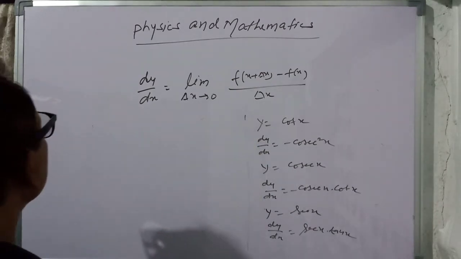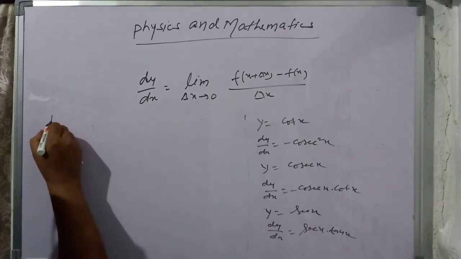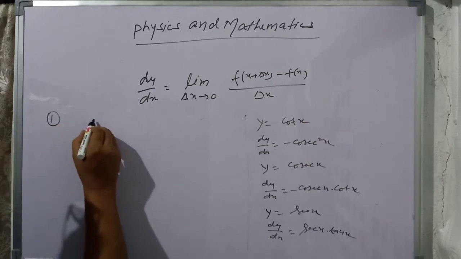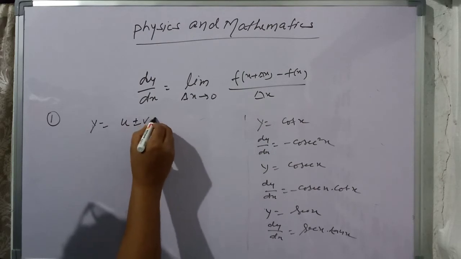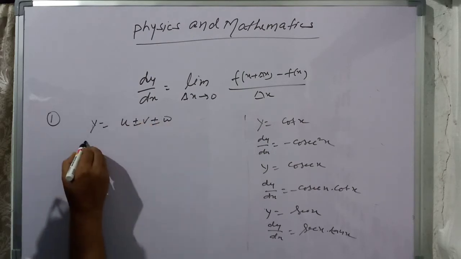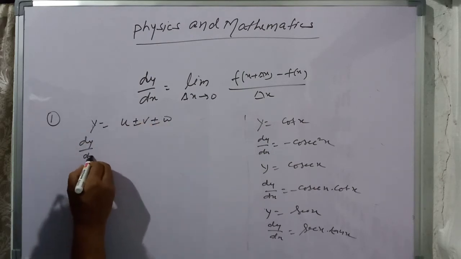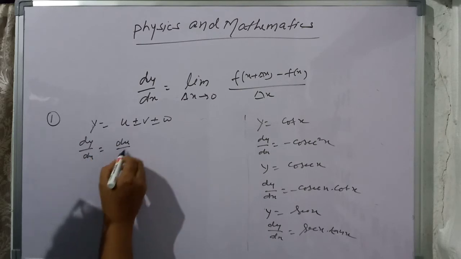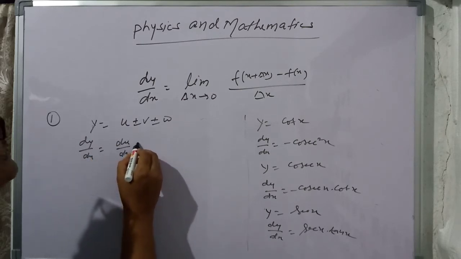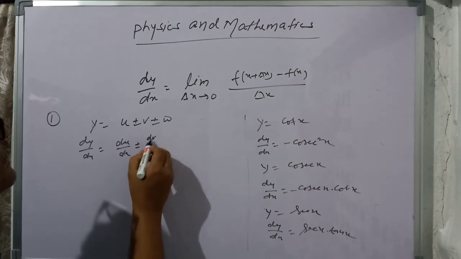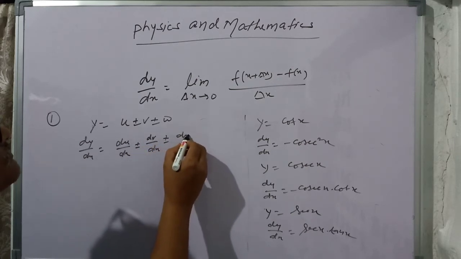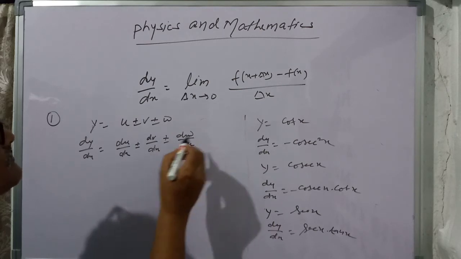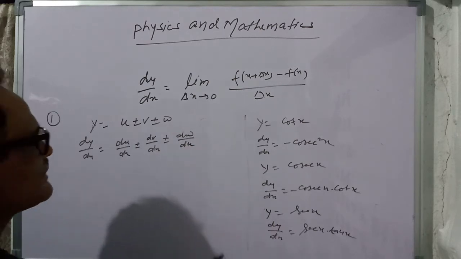At first, if the function is in the form of a sum or addition, then the differential coefficient of this function is equal to the differential coefficient of each function, and if the sign is positive then you will put a positive sign, or if the sign is negative then you will put a negative sign.